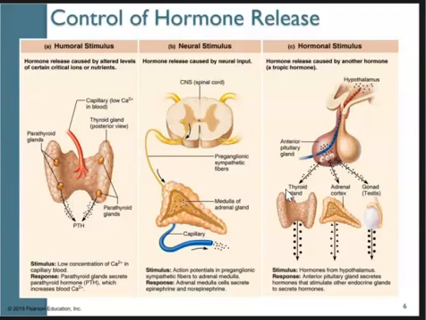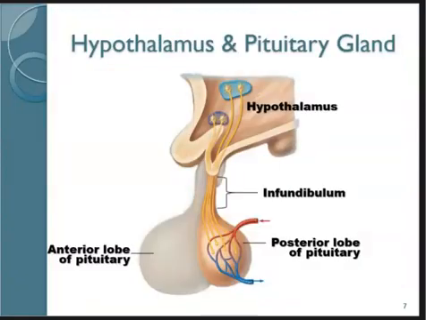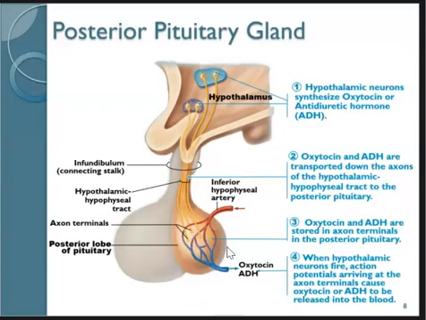So our next conversation is going to be on the hypothalamus and the pituitary gland. So hypothalamus, below it, pituitary gland, and the infundibulum connects the two. In terms of the pituitary gland, you kind of have to remind yourself it's basically like having two glands attached to each other. Okay, so the anterior pituitary gland is a little bit more complicated, while the posterior pituitary gland is a little more straightforward. It's basically a storage.